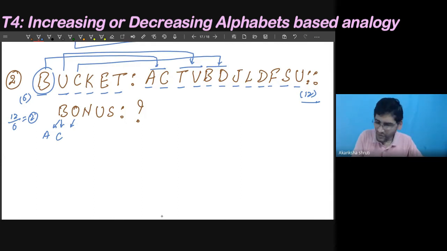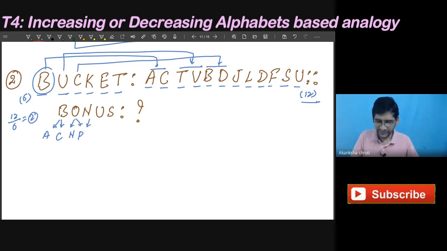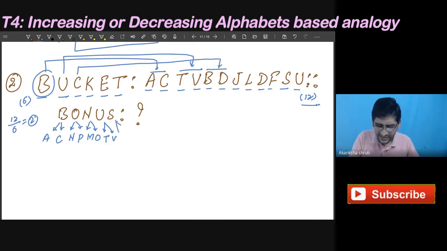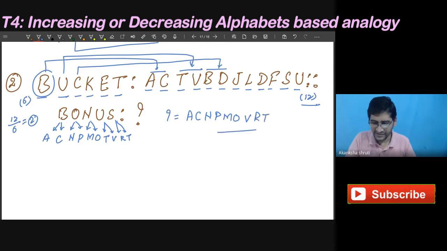Then for this O, one before, one after. Then N before, MNO. Similarly, for the U, we need to write the 2 TUV. For S, again we need to write the 2. So it is our RST. So R and T. So what is equals to ACNPMOTVRT. This is the answer.